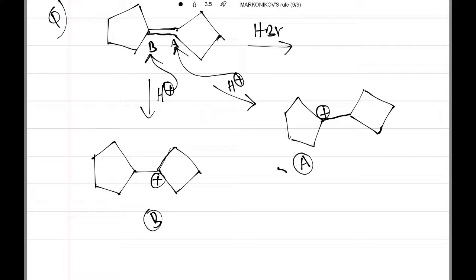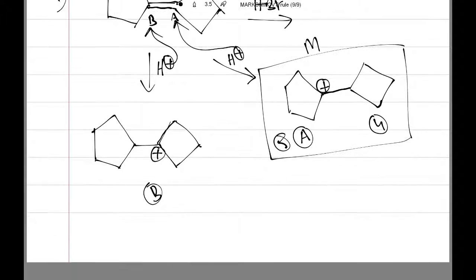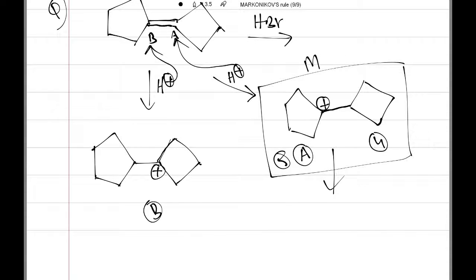This is the 5-membered ring and this is the 4-membered ring. If the 4-membered ring expands, it gets some stabilization. So the reaction proceeds through this intermediate, and we get the product after rearranging.